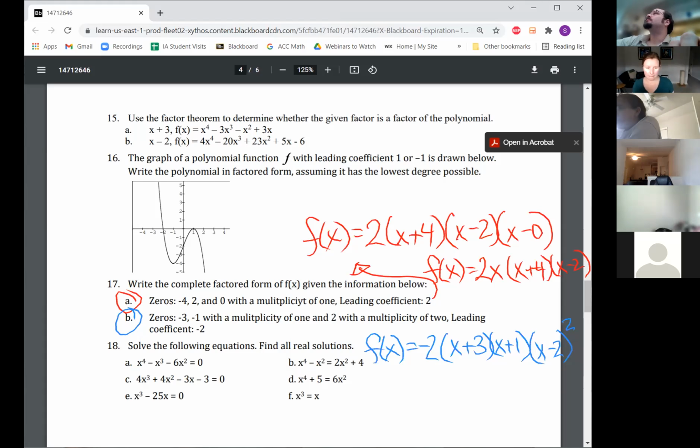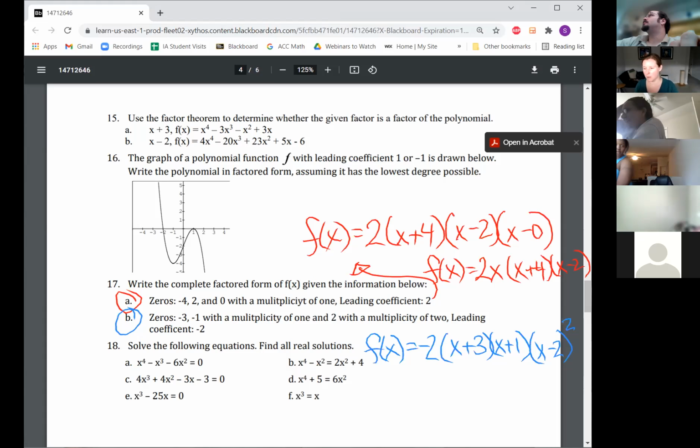I want to go back a little. Here, when he said the multiplicity of 1, and here I want to write it as x minus 2 squared because it's a multiplicity of 2. Yep.